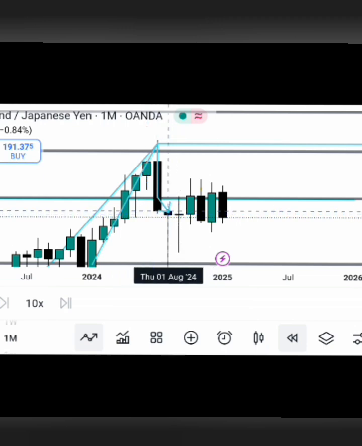this candle is formed. Then it went down and respected this support here, isn't it? Then look at this great and massive pull up. It means the bulls are here in the market. The bulls are here.